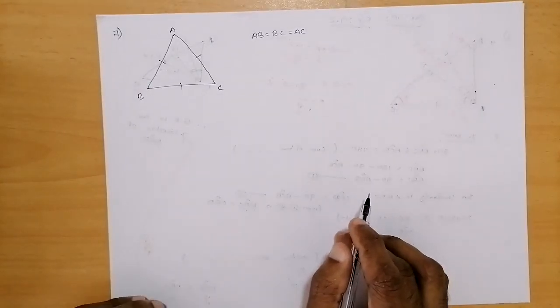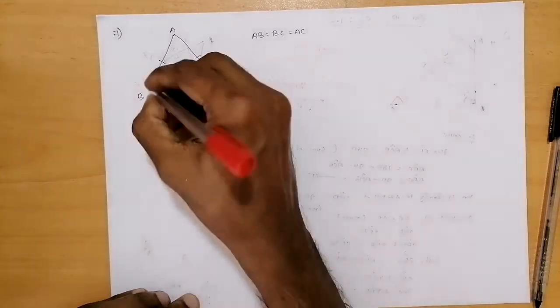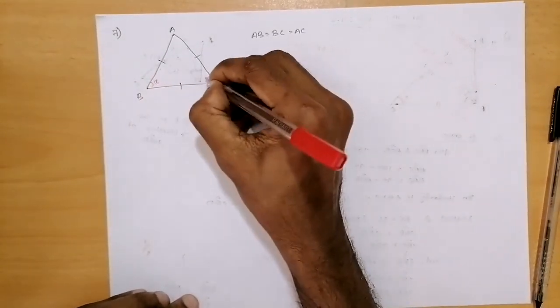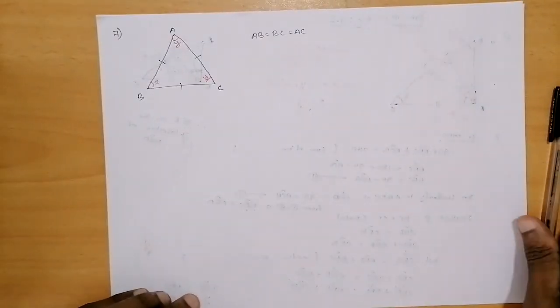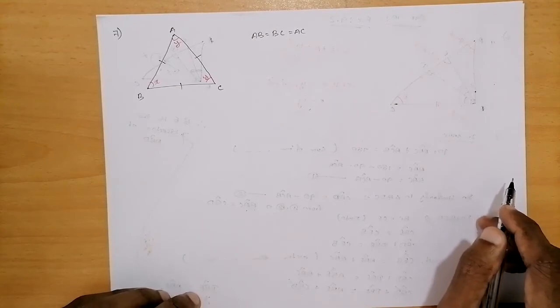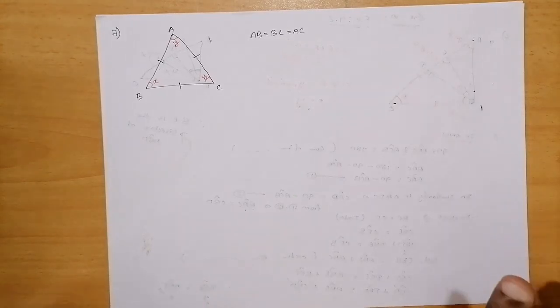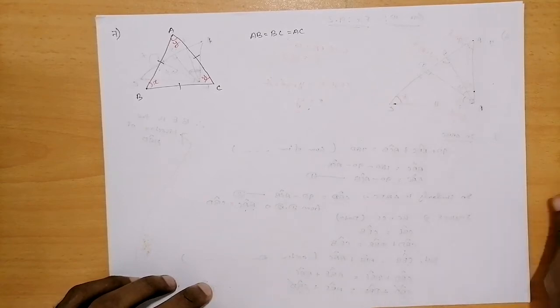Okay. So what is the question they have given? We name the angles X and Y and Z. So they asked to prove X, Y, Z, each angle equals 60. All three angles are individually equal to 60. Okay. So first we take two sides of the triangle.